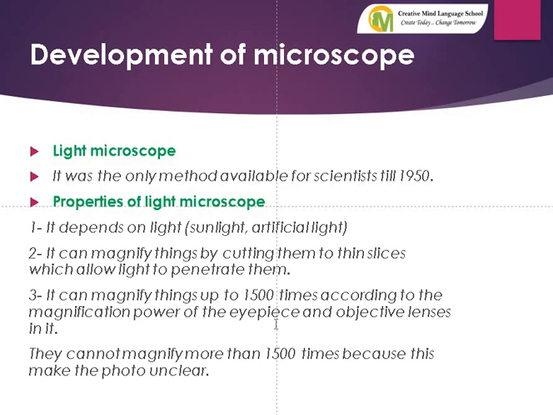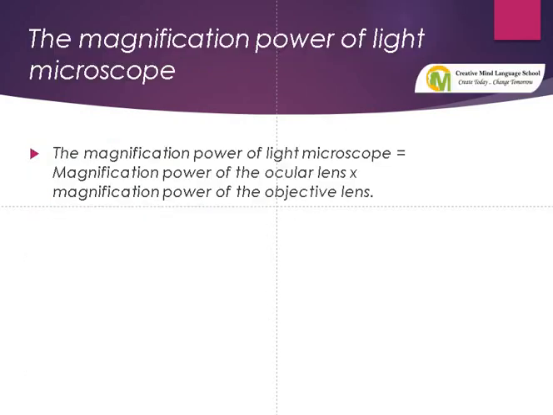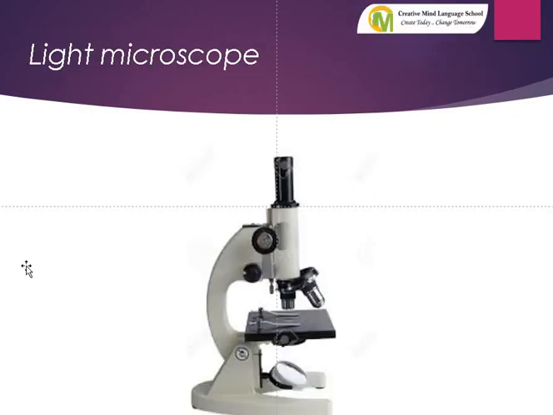It can magnify things up to 1,500 times according to the magnification power. The magnification power of the light microscope equals the magnification power of the eyepiece lens times the magnification power of the objective lens. Okay? This is the photo of the light microscope.